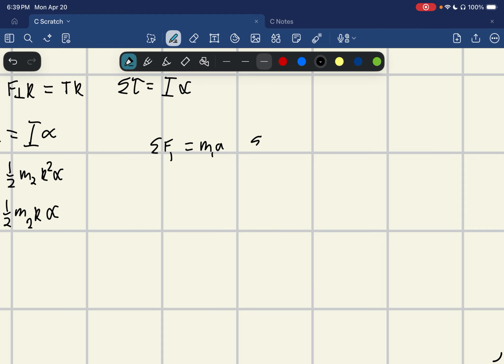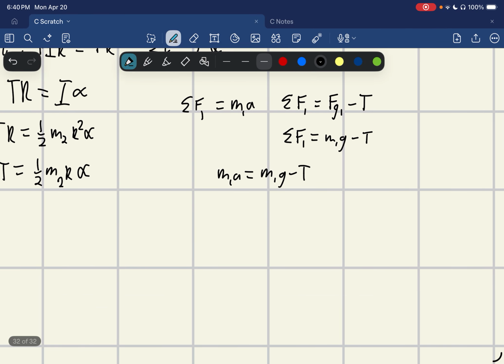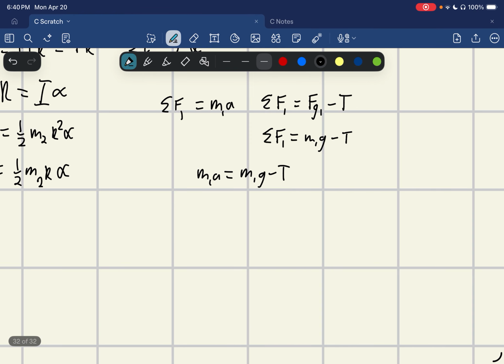But then we also know that net force on m1 is equal to Fg1 minus T, which turns into F1 is equal to m1 g minus T. And here I would just set these two equations equal to each other so that m1 a is equal to m1 g minus T. And then earlier we isolated for T, so I'll just plug in T so that m1 a is equal to m1 g minus 1/2 m2 R alpha.